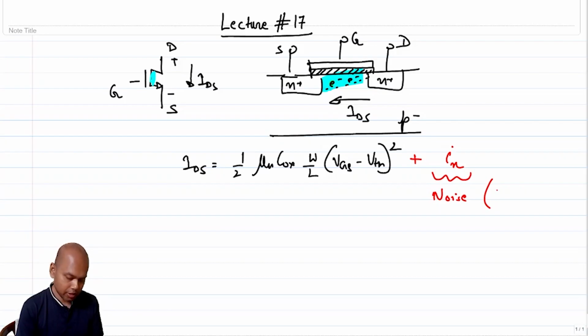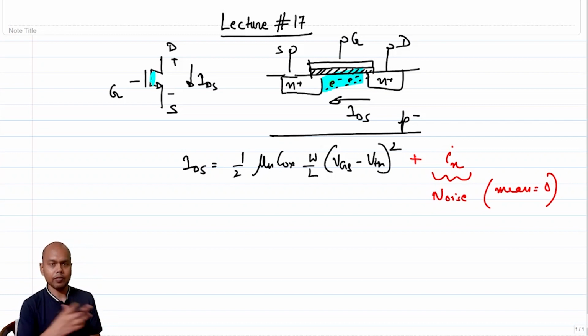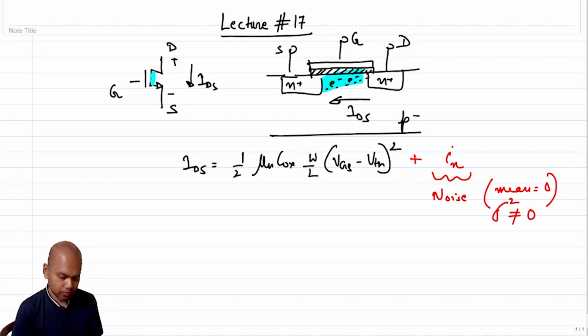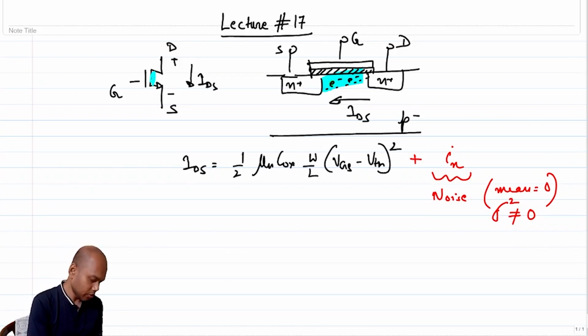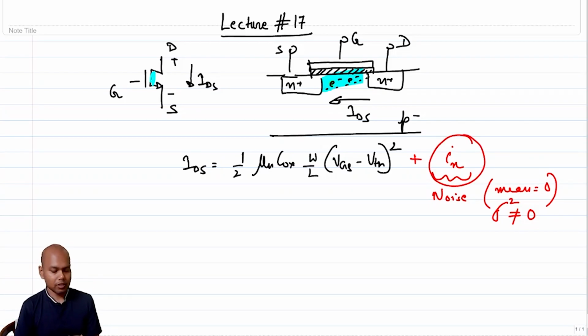This has a mean equal to 0, and you are going to have some standard deviation or variance, so sigma is not equal to 0, or sigma squared is not equal to 0. What we are interested in this part of the lecture is to understand the effect of this IN, and to see how we can model this IN.